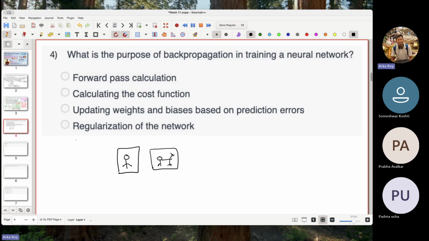So you have a data set D which has images xi and corresponding labels yi, and you have, let's say, n number of such images and labels. So this is the image and this is the labels of images.